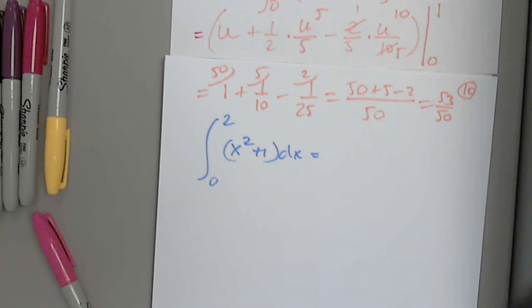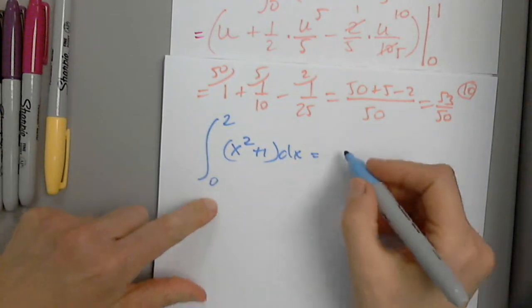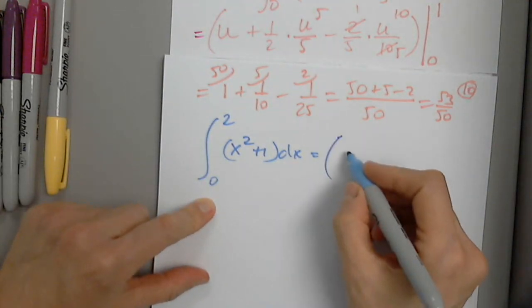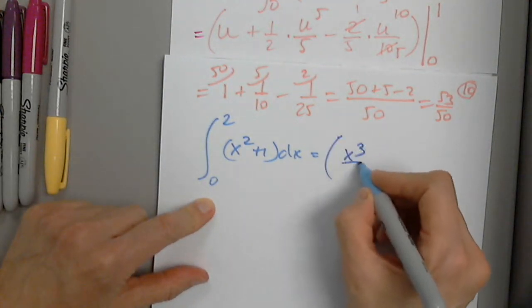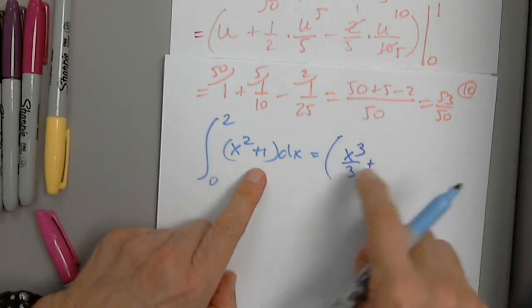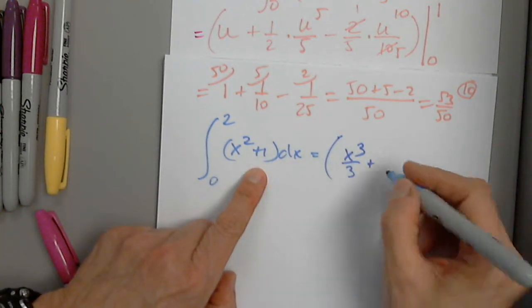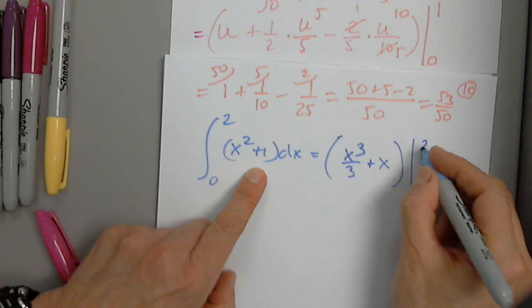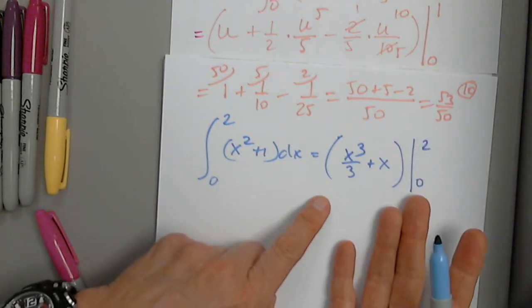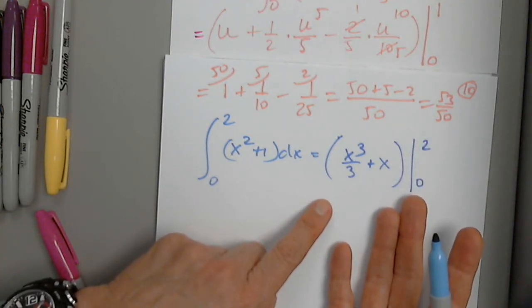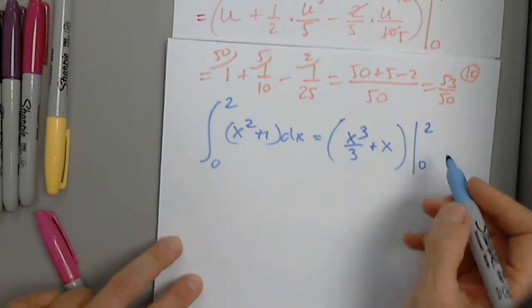Okay, very good. So now let's find the antiderivative of x squared plus 1. What function prime is x squared? Very good. What function prime is 1? Good. From 0 to 2. Do you like this? Or you like the Riemann sum? Very good.